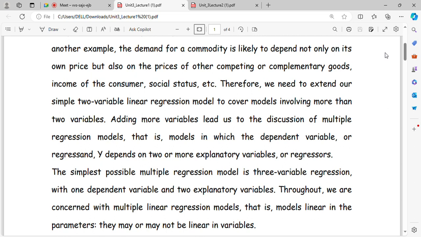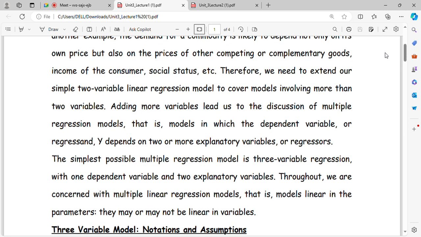The simplest possible multiple linear model is the three variable regression with one dependent variable and two explanatory variables. Simplest version কি হতে পারে যে একটা y দুটো x affected করছে. হ্যাঁ. Throughout, we are concerned with multiple linear regression models, that is, models linear in the parameters.